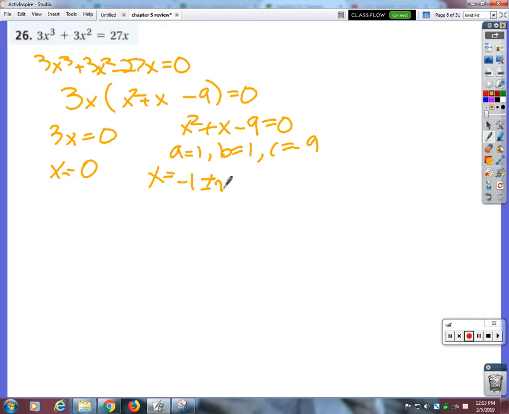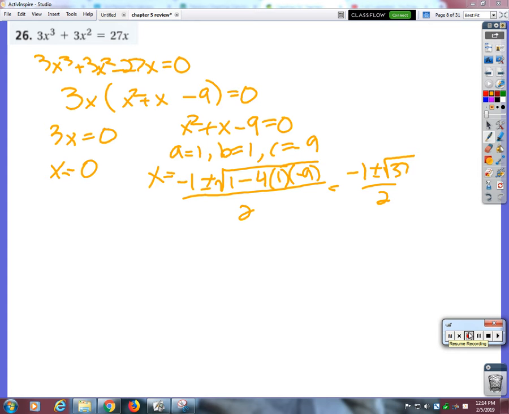So opposite of b, plus or minus the square root of b squared minus 4 times a times c, all divided by 2a. Yep. So here's what happened. Are you ready? Okay, let's go to the instant replay. Do you understand that a is 1, b is 1, and c is negative 9? Okay. So the formula up there, first thing it says is negative b. So since b is 1, that makes that negative 1.